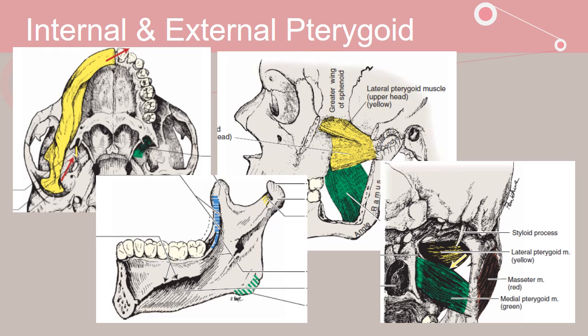No other muscle is capable of moving the mandible sideways. So only the external pterygoid muscle is capable of protruding the mandible and moving the mandible from left to right. It is also the only muscle among the four that causes depression of the mandible.